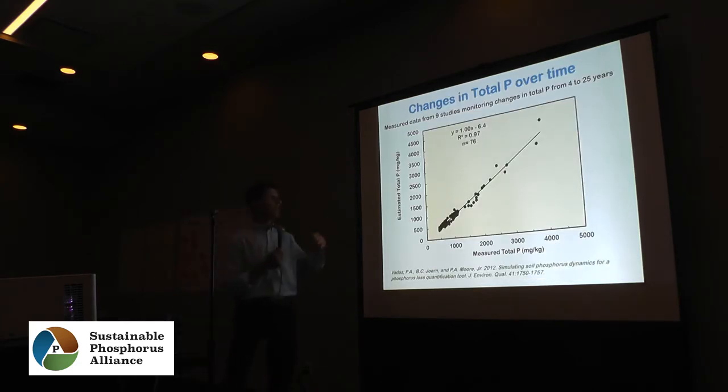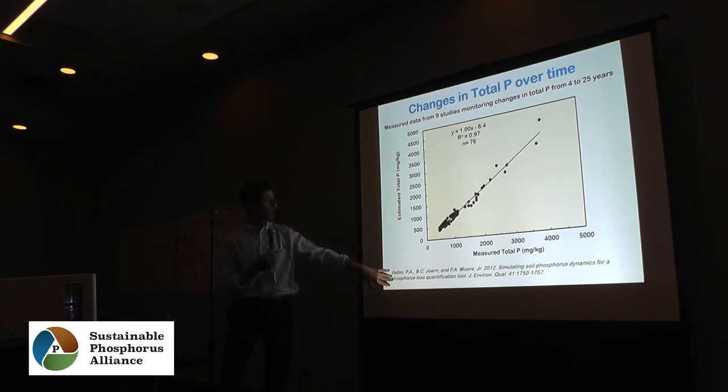So there again, I go into the literature, I look at what papers are out there that had a site, a field, and they were adding phosphorus at different rates through the years. Let's measure changes in total P through time in the soil, given this management. I simulate that. And can we simulate changes in measured total P and what we're estimating with the model?